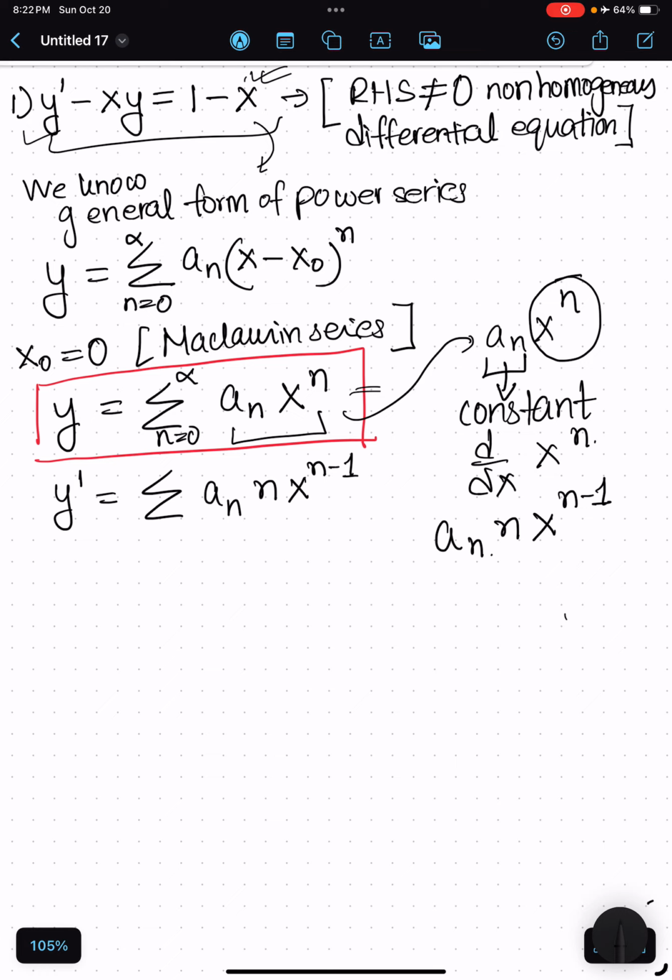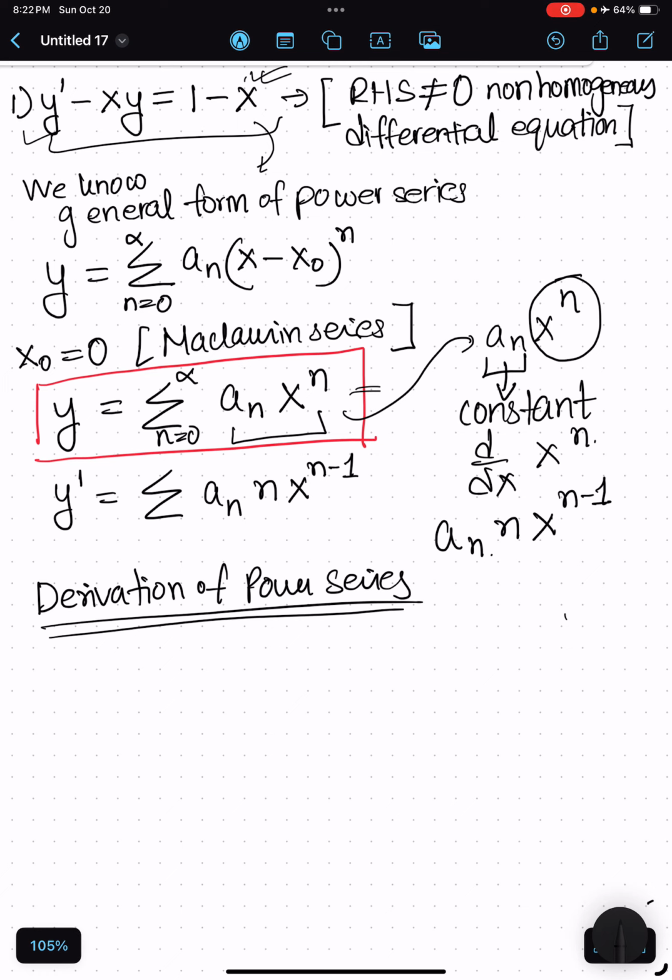Now, by the derivation rule of power series, our index increases by 1. Okay, so let's say our parent function has the index starting from 0.